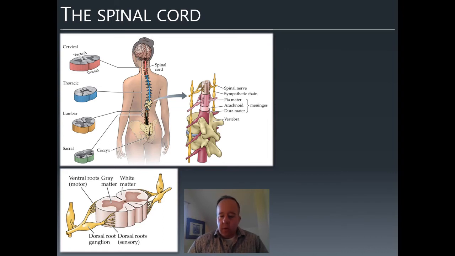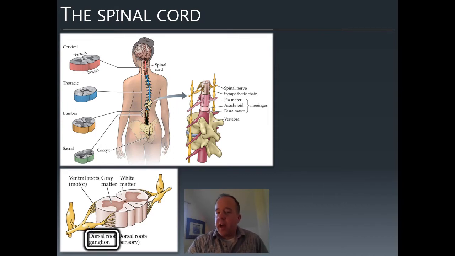The dorsal roots contain sensory information, and so they are going into the spinal cord. The ventral roots are the neurons that are coming out of the spinal cord, and they contain motor information. So this is a cross-section of the spinal cord at a particular point, but you can see both the motor nerves leaving and the sensory nerves entering the spinal cord.